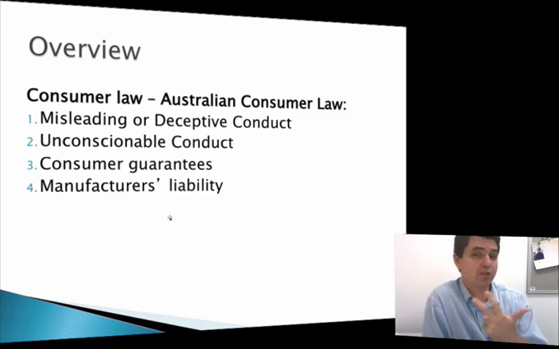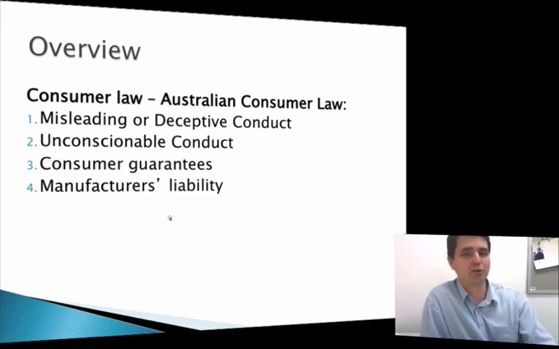We're again going to look at consumer guarantees before finally dealing with manufacturers' liability. So they're the 4 key areas: misleading and deceptive conduct, unconscionable conduct, consumer guarantees, and manufacturers' liability.